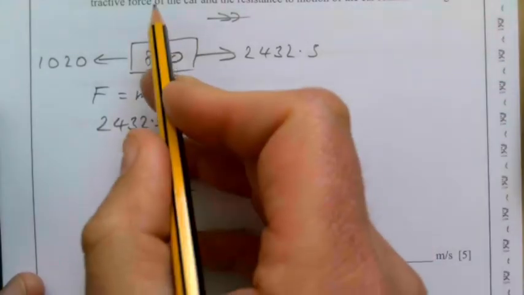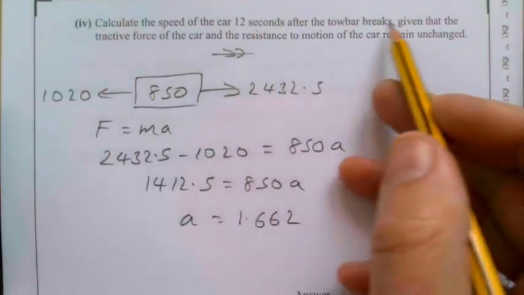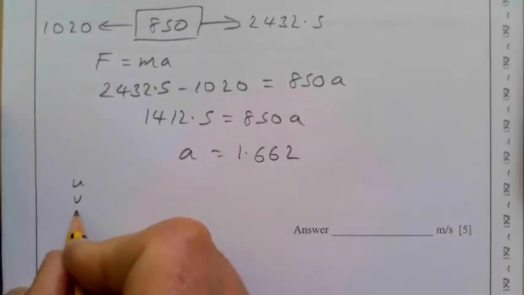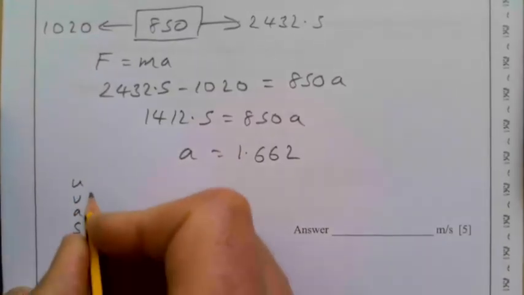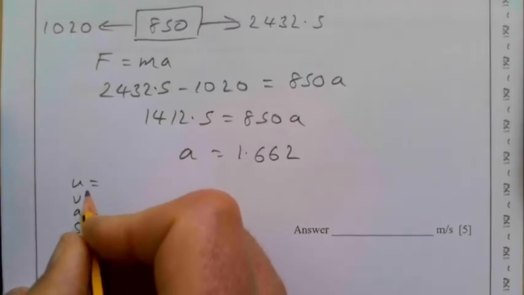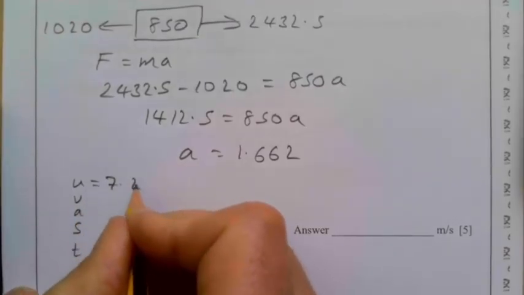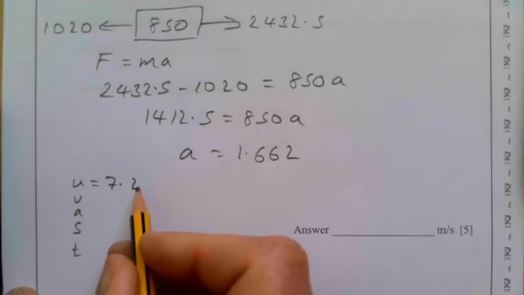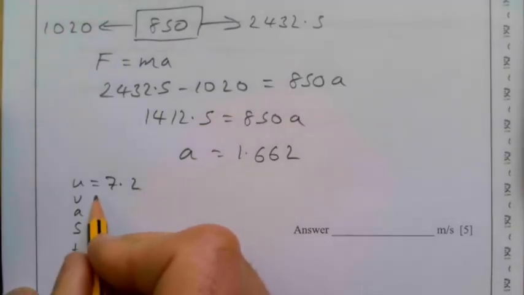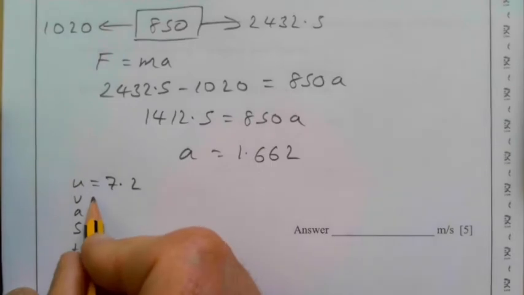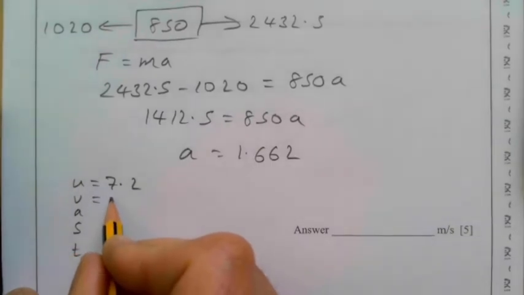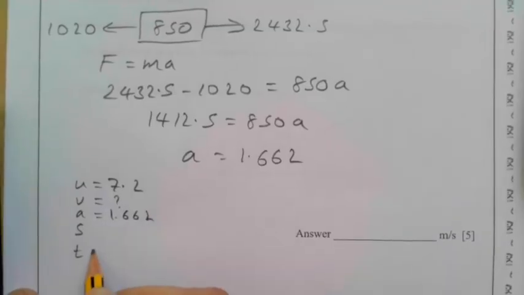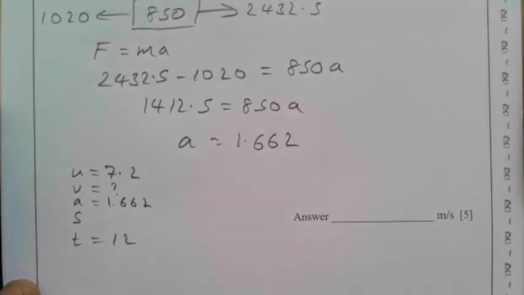So we need to calculate the speed of the car after 12 seconds. So we're going to use SUVAT here: U, V, A, S, and T. Now our U, hopefully you remember, is 7.2, because whenever the tow bar breaks, it's going at 7.2, worked out in the previous part. We're trying to find the new speed, because it's going to speed up. My new acceleration is 1.662, and my time is 12.